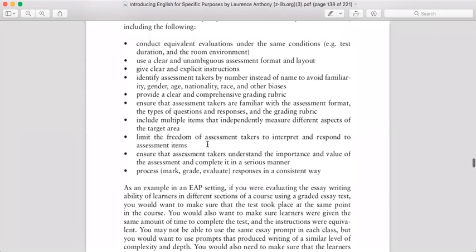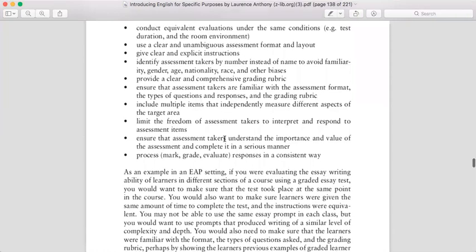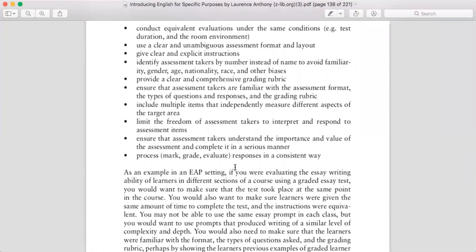So, if we limit the freedom of assessment takers as far as the answering of question is concerned, this would greatly increase the reliability of evaluation. So, the students or the assessment takers should understand the importance and the value of this test and should complete it. Okay, so the length of the test is also important.